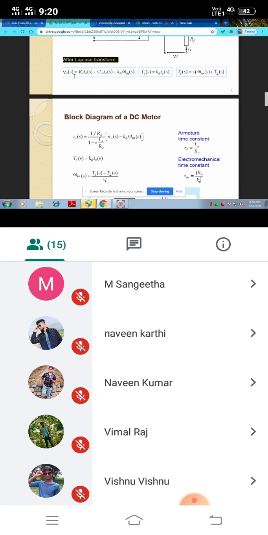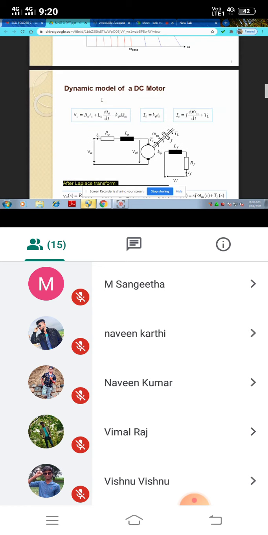Okay, in the first equation Ia of s is the output, because when you apply it across the DC motor, the input is Va. At that time the Ia goes through these elements; the input Va is present at the front portion, but Ia is circulating in the equivalent circuit.